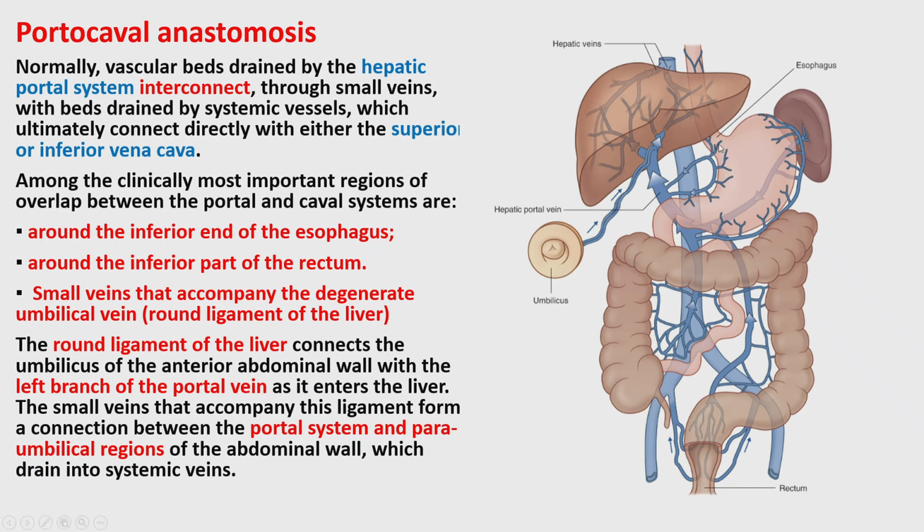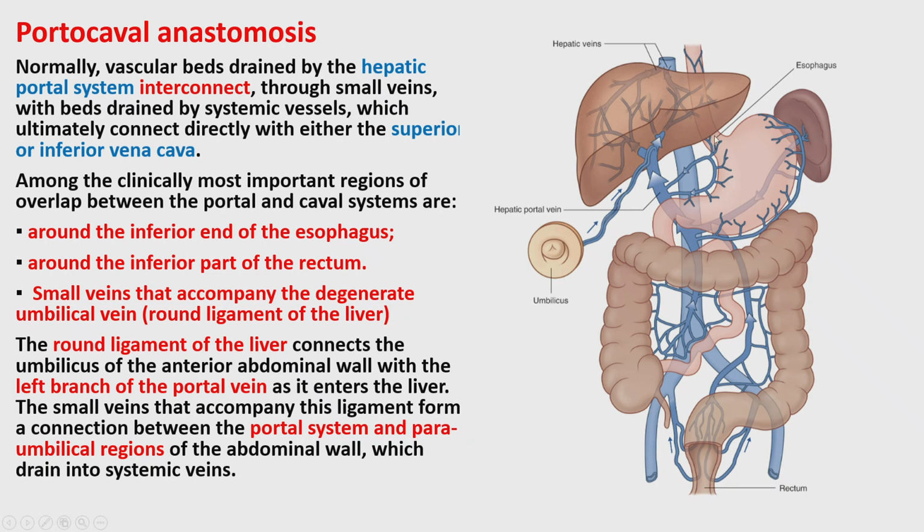So why the inferior end of the esophagus? Because at the inferior end of the esophagus, the esophageal veins, if you remember, in the upper part are tributaries of the azygos system. So these veins in this area are somehow draining to the azygos system, to the superior vena cava.